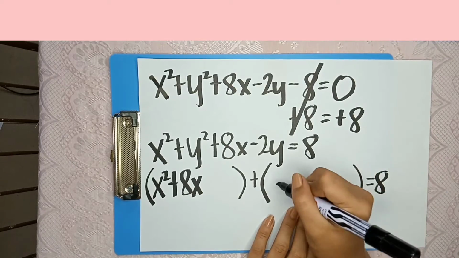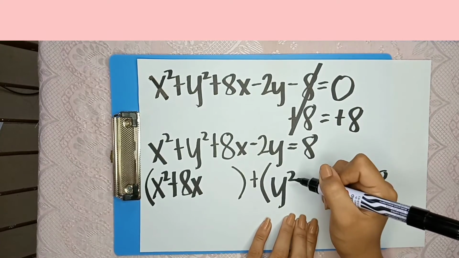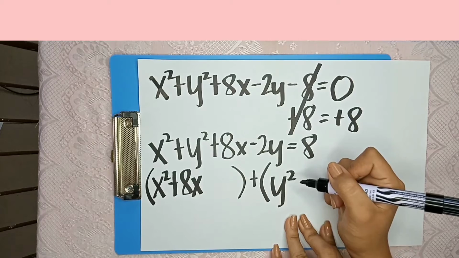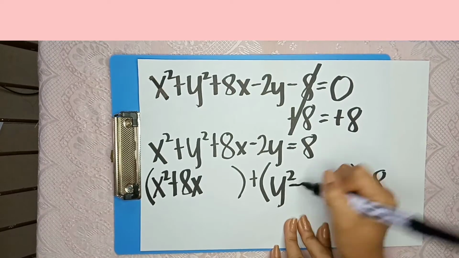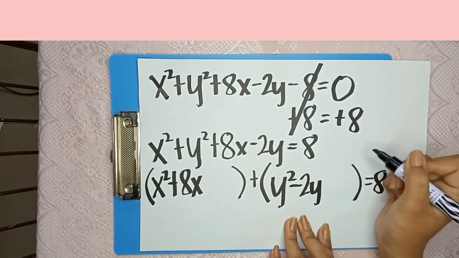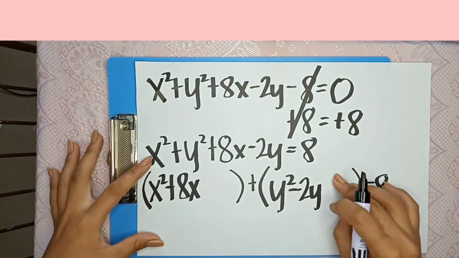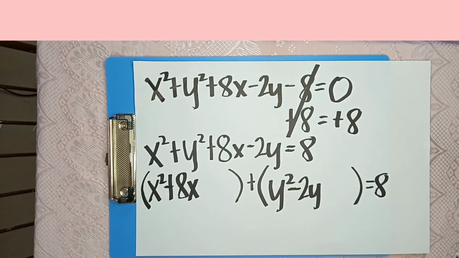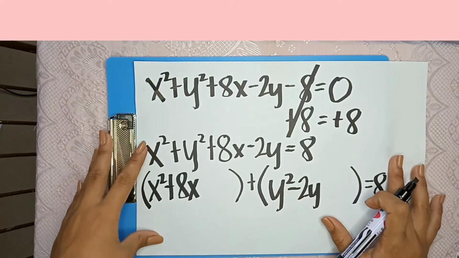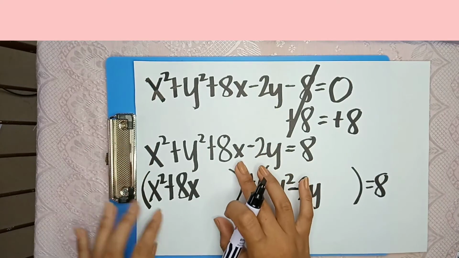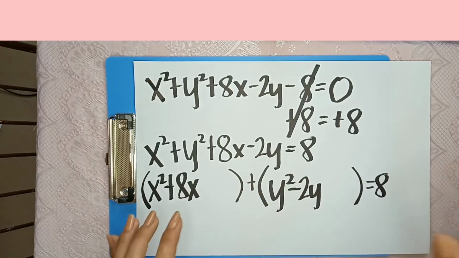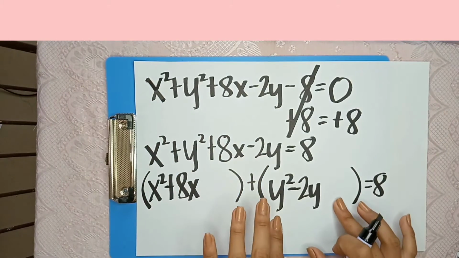In the y terms, we have y squared minus 2y, and we also have to leave a little space here. Now, what we are going to do is complete the square of this and complete the square of this.